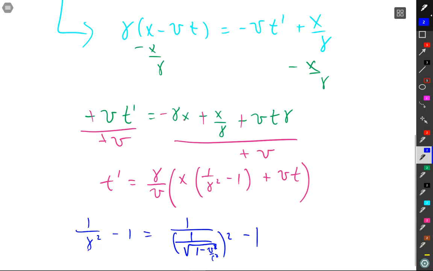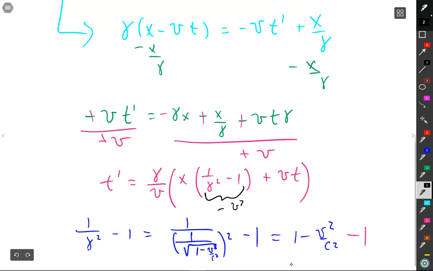But what does it mean if I have 1 over 1 over x? Just x. So that square root thing is going to be on top, and we're squaring it, so we're getting rid of the square root. So that first term is simply 1 minus v squared over c squared. And then we have the last term, minus 1. Well, the 1s subtract out, and so this thing in parentheses is just equal to minus v squared over c squared.